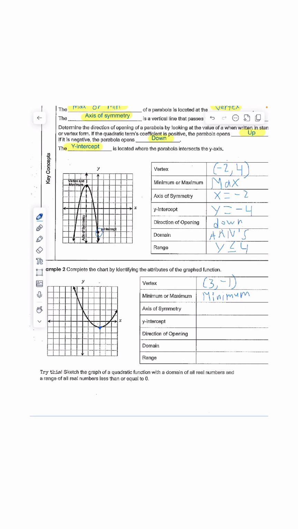My axis of symmetry is the x value of the vertex, so it'll be x equals 3. My y-intercept is where it crosses the y-axis. It's going to be right there. It crosses at y equals 2. I'm going to make a better y for y'all. Direction of opening is up.